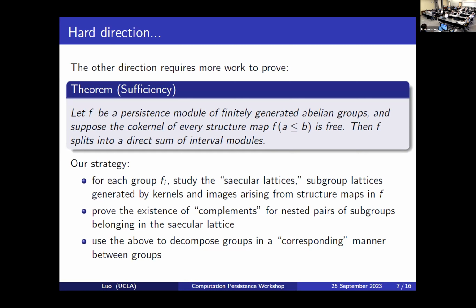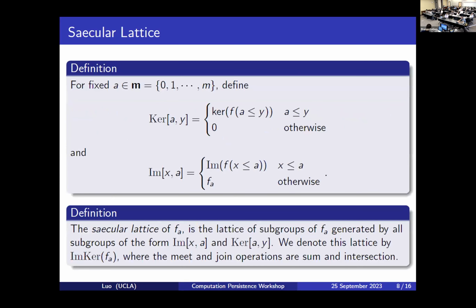And using these, we essentially decompose the groups F_i in a corresponding manner, which I'll explain. This is essentially the step that we take to go about this. Right, so now let me talk about the secular lattice.